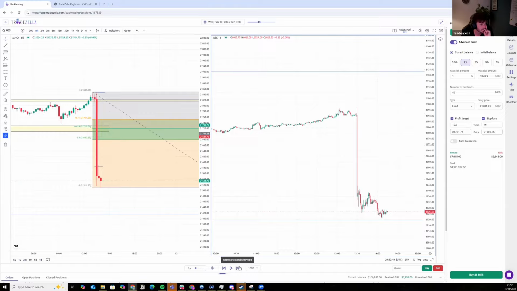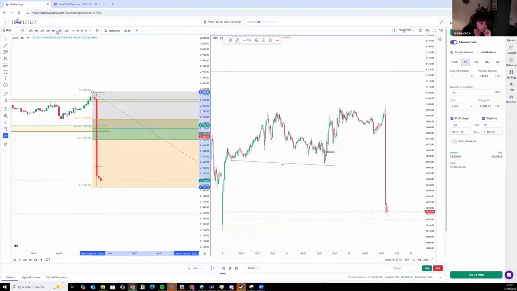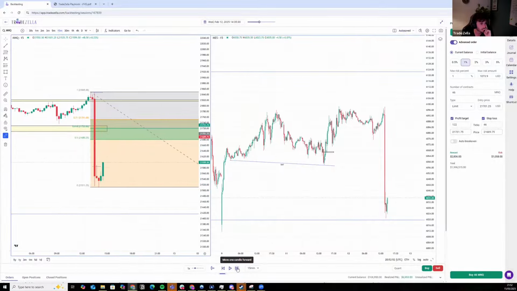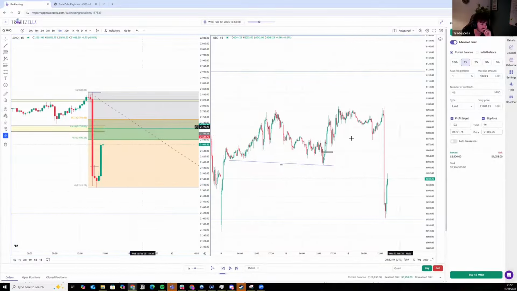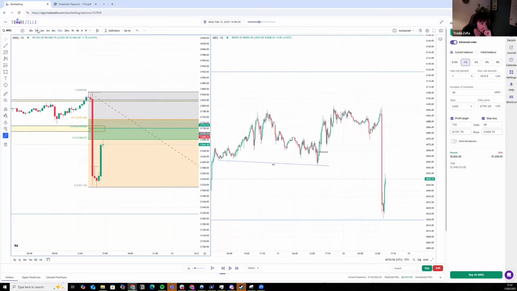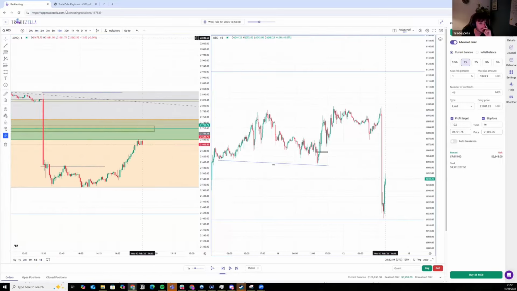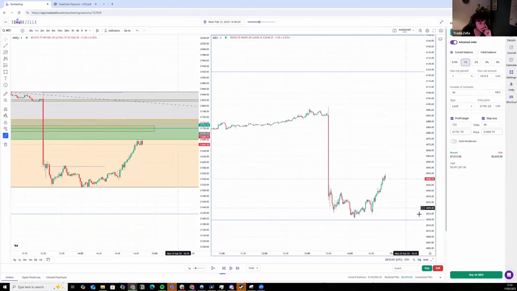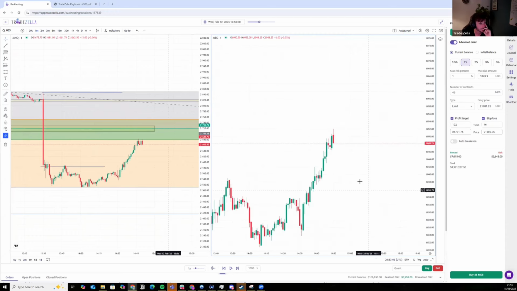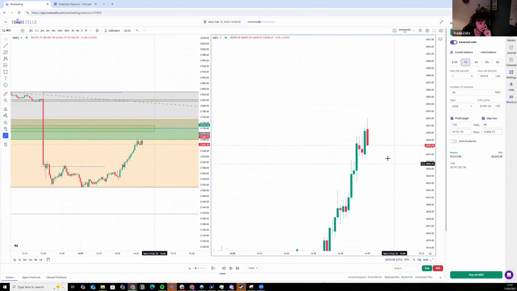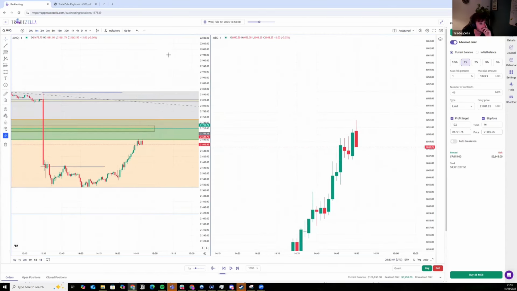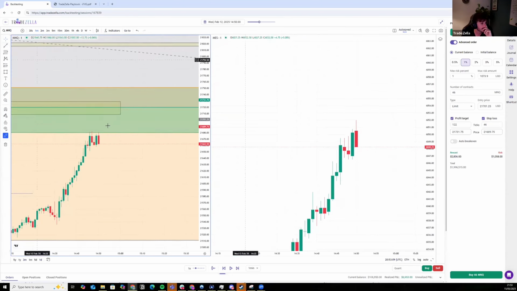So let's see. Let's go off a time frame. Okay, so there's our 50% tap. So we could possibly look for a trade around here. Oh, so SMT again, potentially.